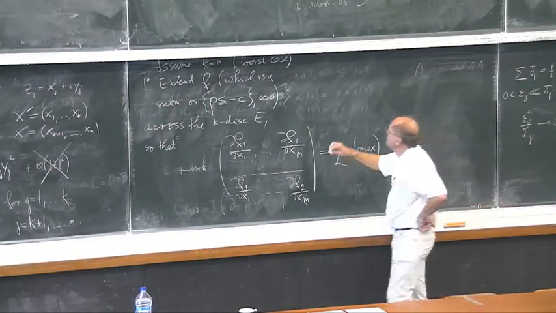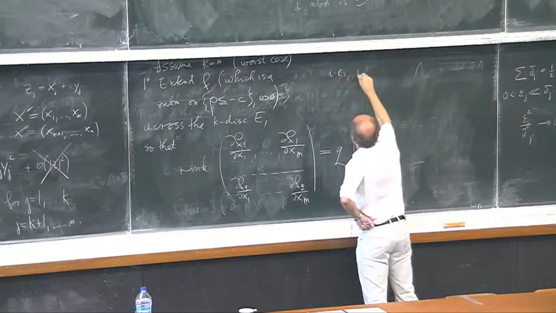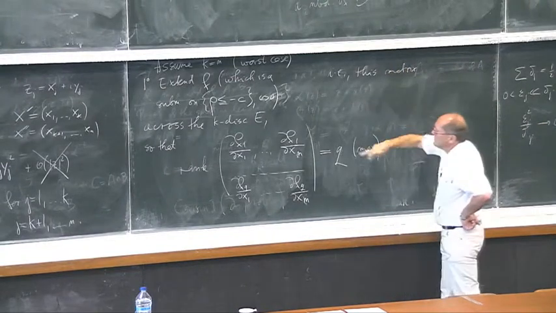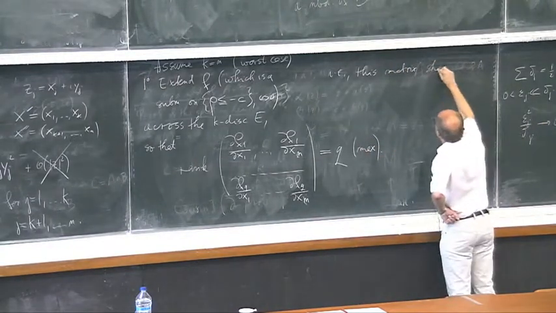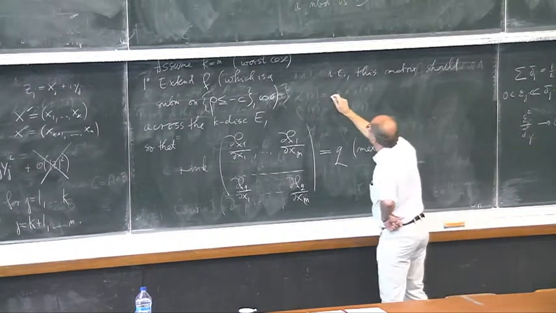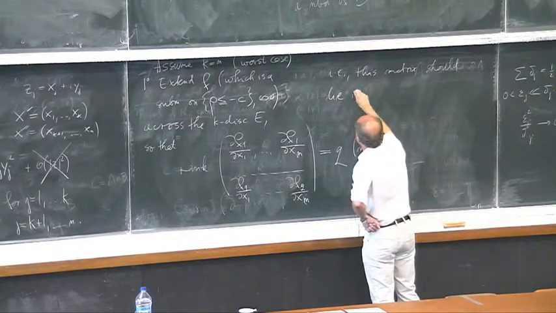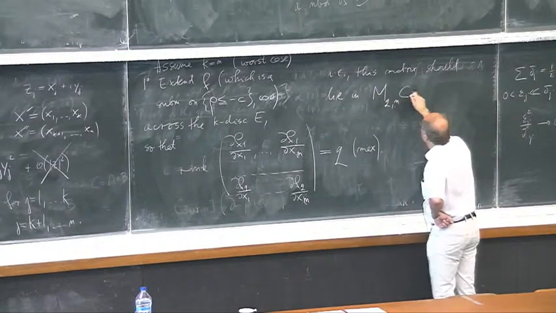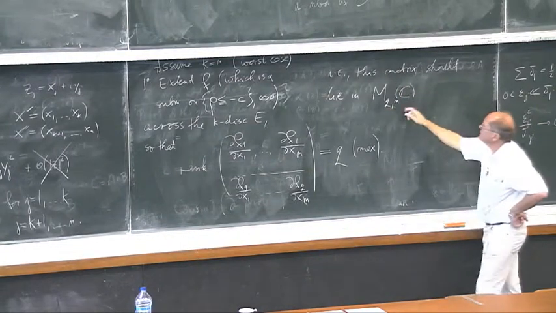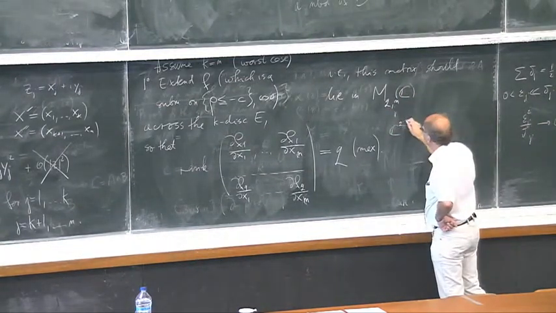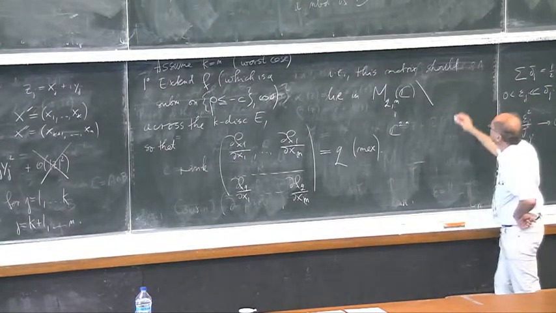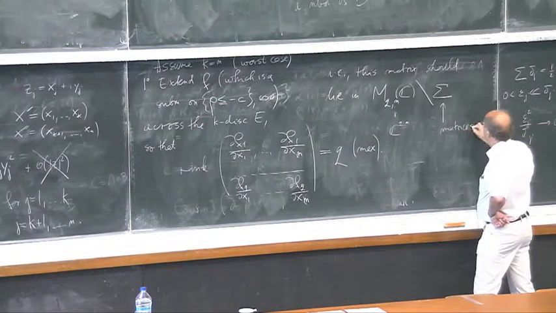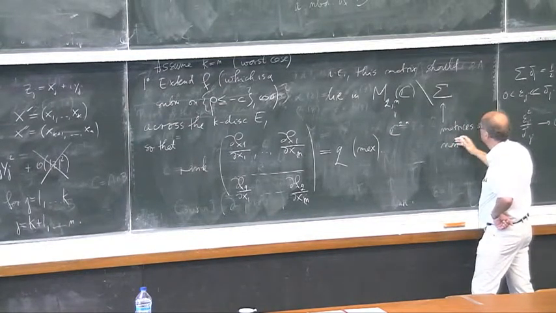This means that this Jacobian matrix in the real variables should lie in the space of Q by N matrices with complex entries, which is just C^(Q times N), but then minus a set, let's call that set sigma, which are matrices of non-maximal rank.